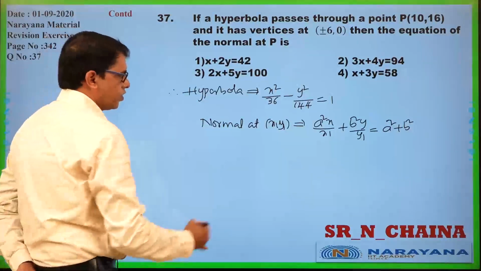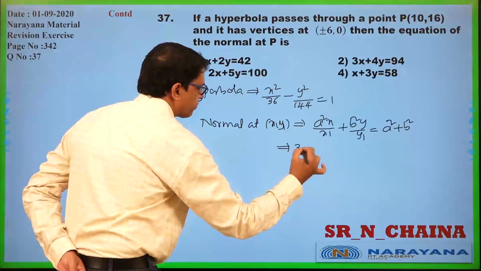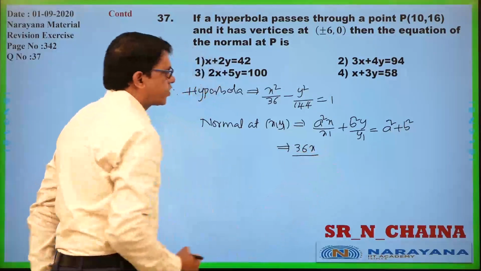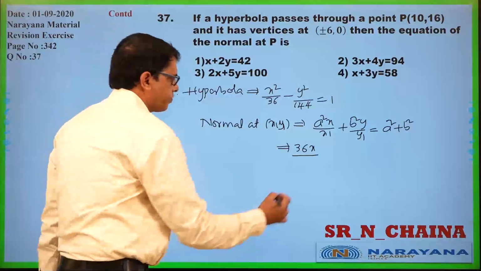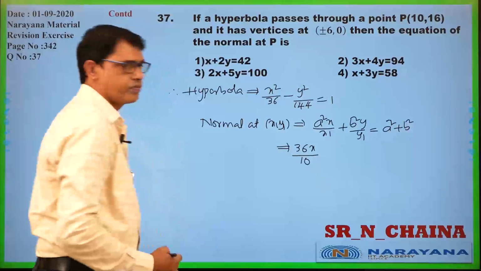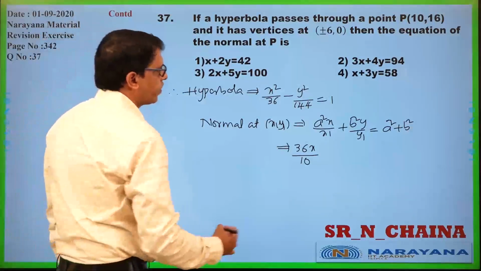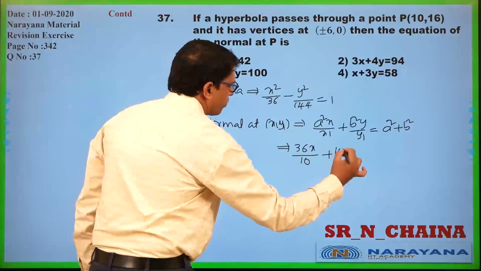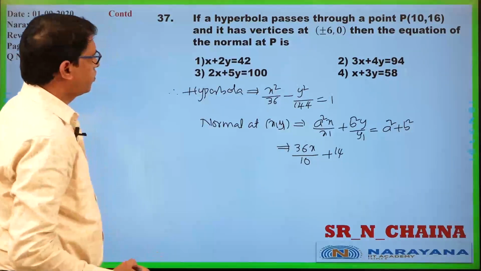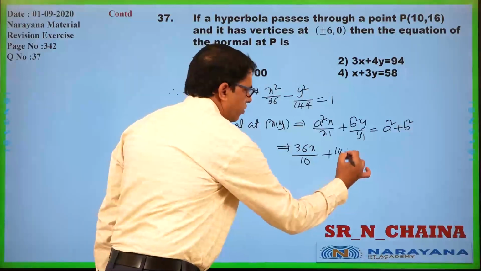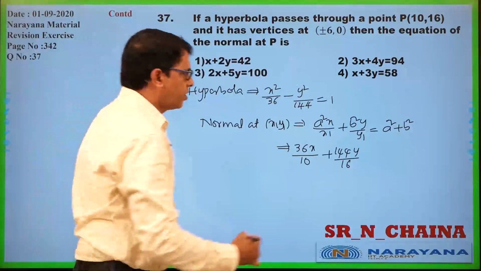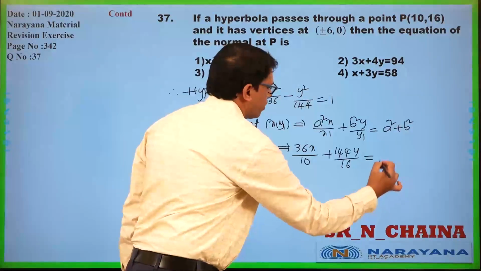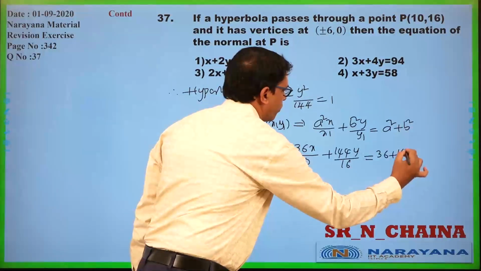Apply the values: a square is 36, x1 is 10, plus b square is 144, y1 is 16, equals a square plus b square, so 36 plus 144.